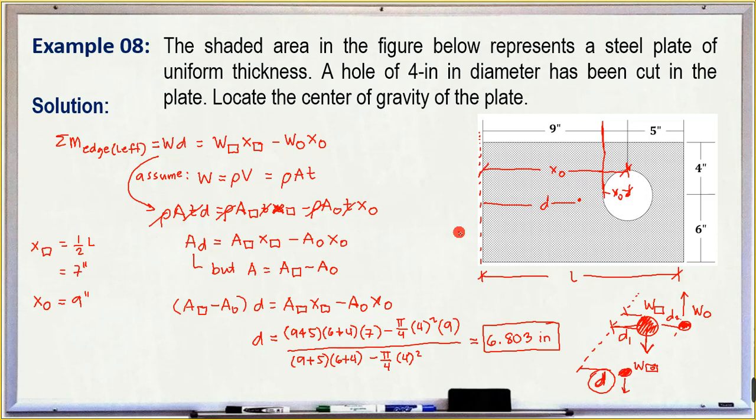So meaning, ang interpretation ani is that the center of gravity of this rectangular plate nga gibuhuan na siya ani nga hole is 6.803 inches from the left edge of this plate. So mao siya 6.803 inches. Okay?